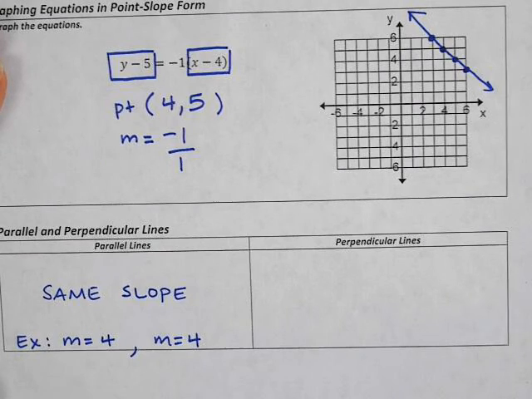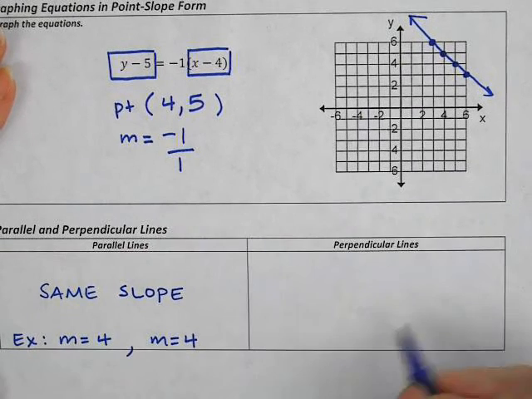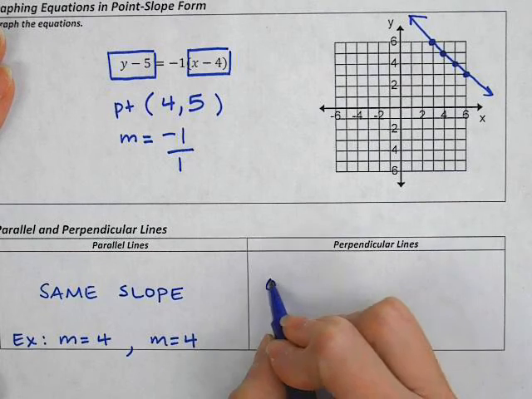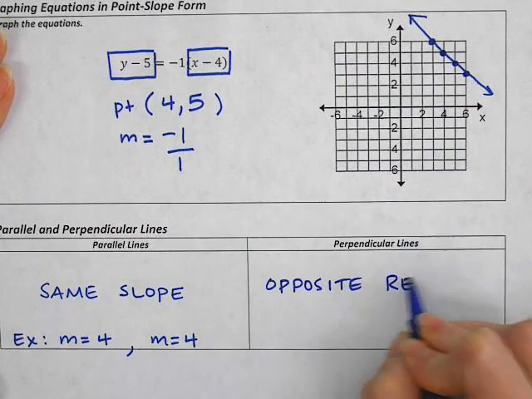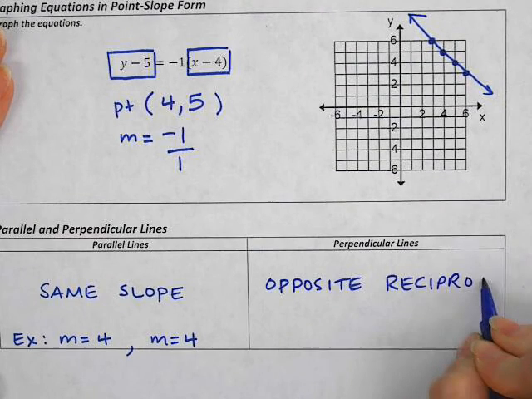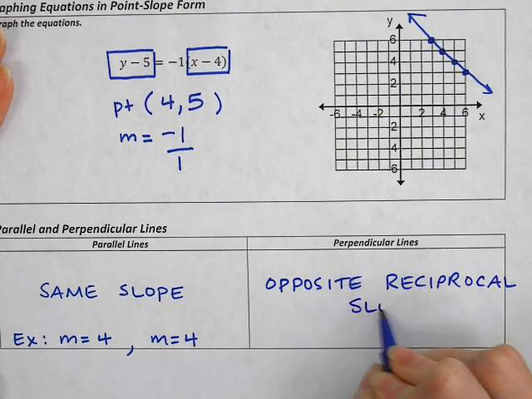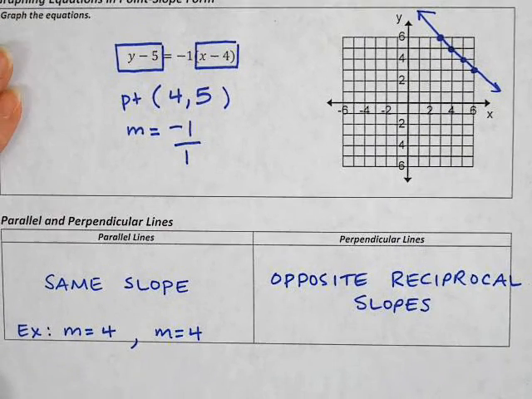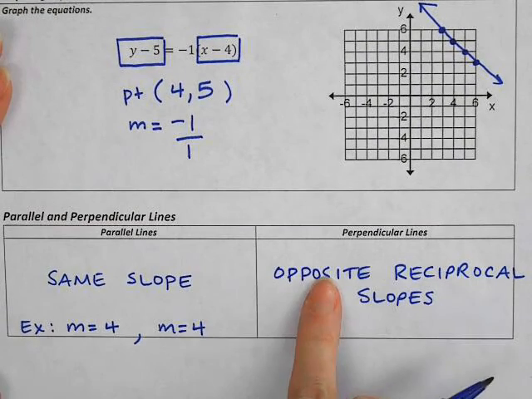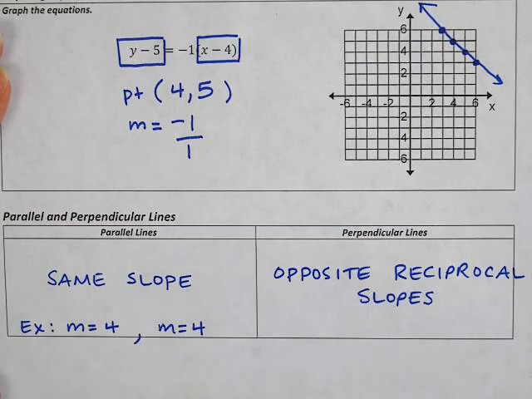Now perpendicular lines, they're not only different, it's a special type of different. They have opposite reciprocal slopes. Opposite and reciprocal. Opposite means one positive, one negative, and reciprocal means you flip it.